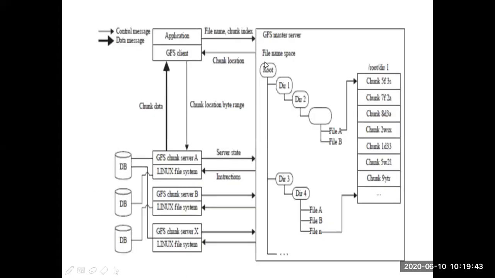Clear. Briefly, the architecture will be like this. This is the master server. Next, this is the client machine, which wants to store its file in the servers. Next, these are the chunk servers. Here, in the example, he has given three chunk servers.